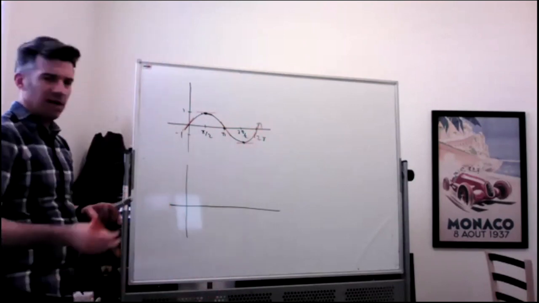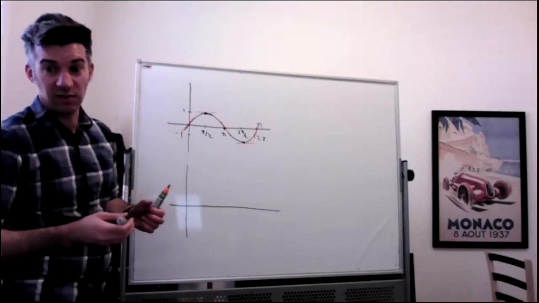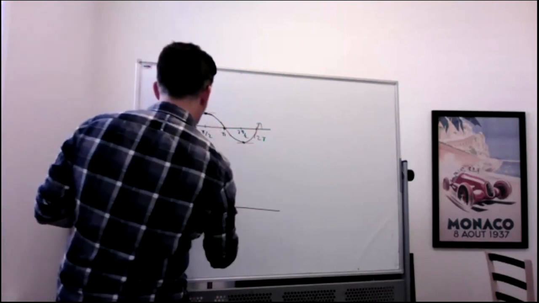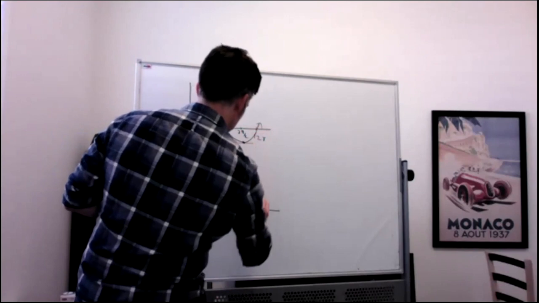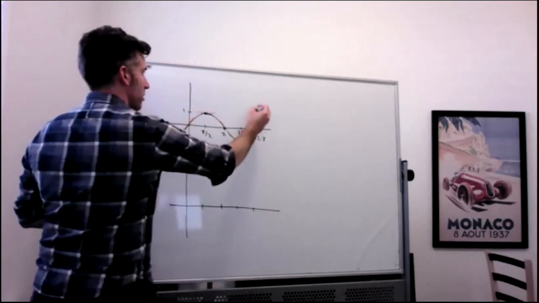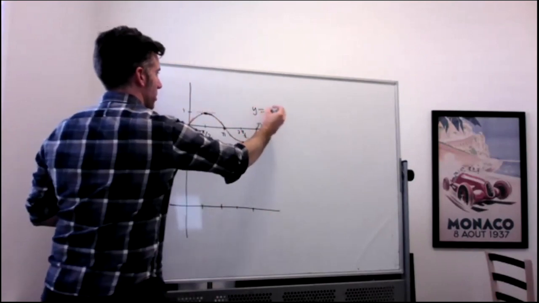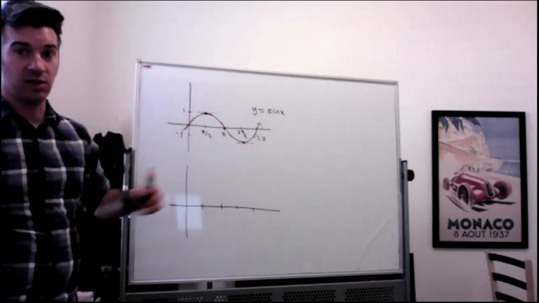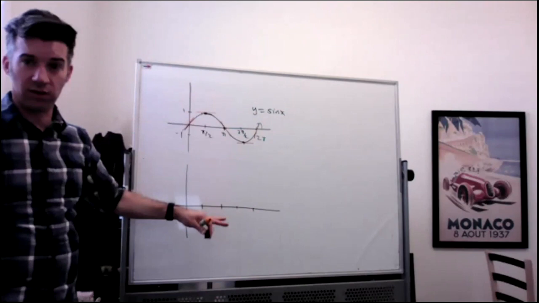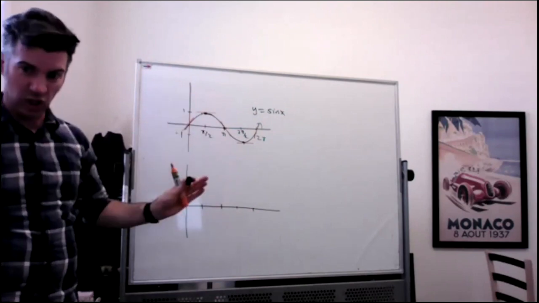Now let's start at pi over 2 because that feels a little bit easier. And I really think if you're trying to graph a function and its derivative, the nicest way to do it is to put the derivative vertically directly below it so you can make things match up.